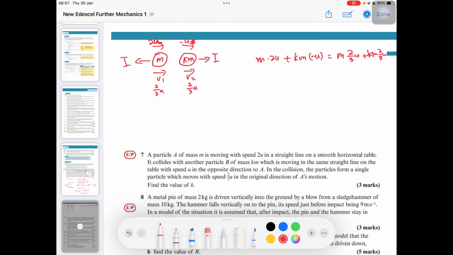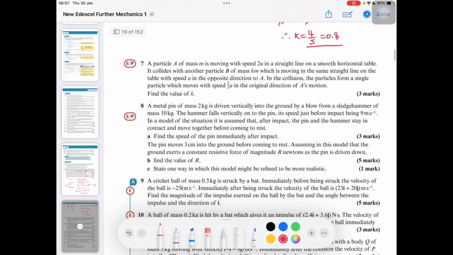So now we can remove all m and u. So 2 minus k equals 2 over 3 plus 2 over 3k. So 5 over 3k becomes 4 over 3. Therefore, k becomes 4 over 5, 0.8.